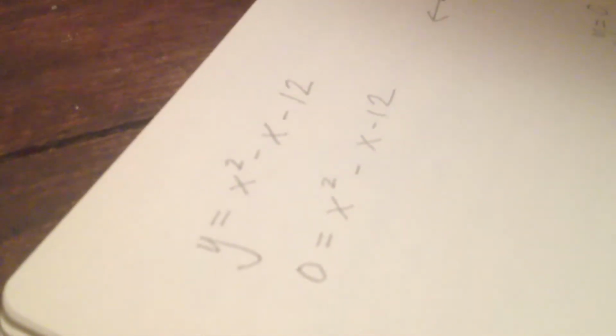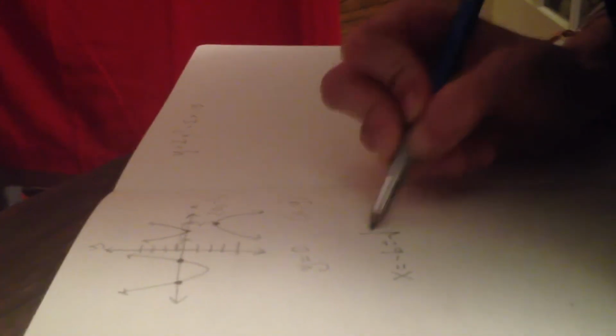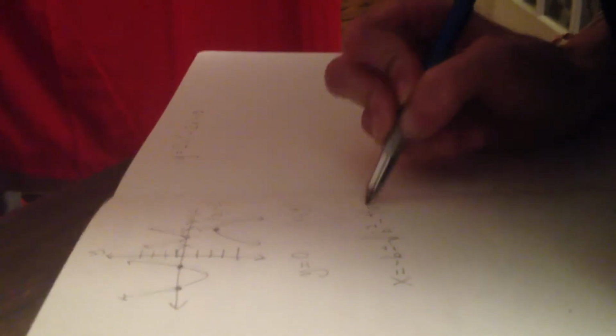I will give you this, you don't have to have it memorized, which is -b plus or minus the square root of b squared minus 4ac, all over 2a. This is the quadratic formula.